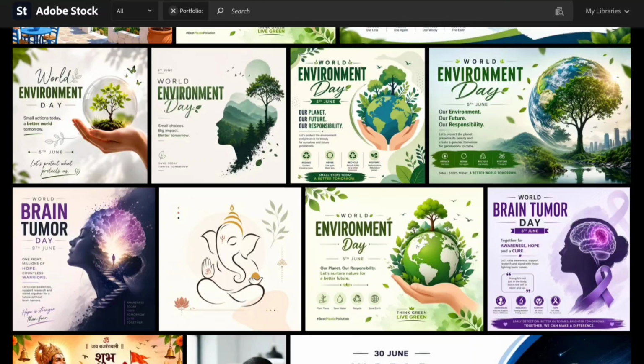And if you're serious about Adobe Stock, stay consistent, keep uploading, and improve your keyword strategy. That's what ultimately drives earnings. And suppose this is an image of World Environment Day, and if you put Christmas, Holi, Diwali, whatever the festival is, it will not get any download.